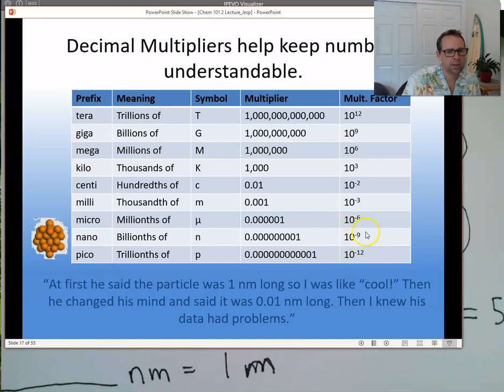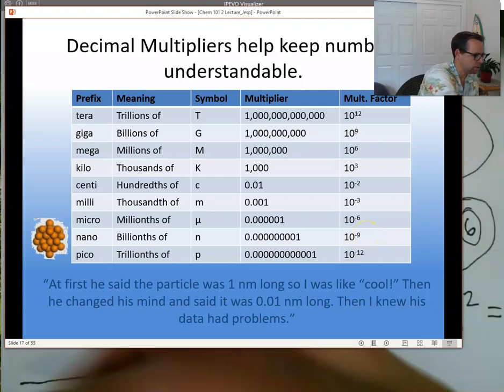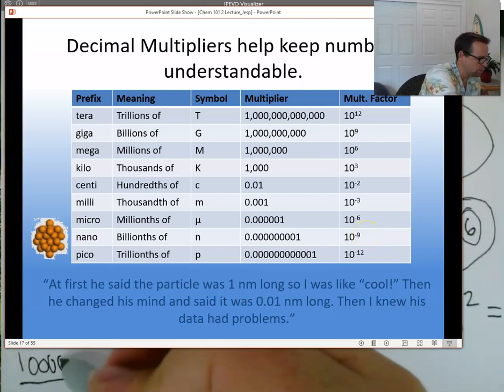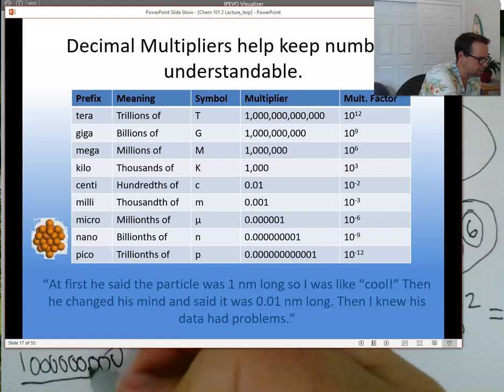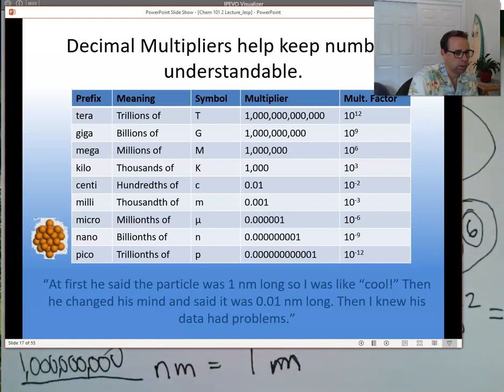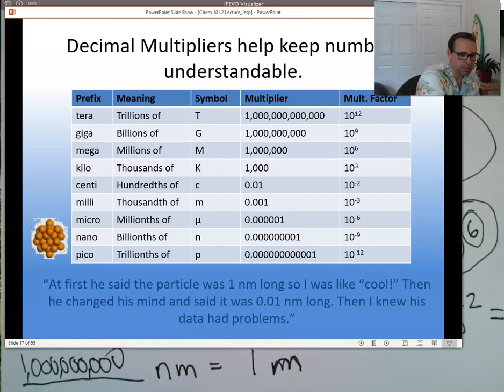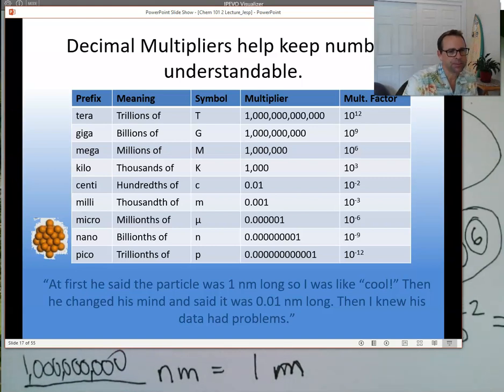What's that say there? 1 billion. That's right. 1 with 9 zeros. 1, 2, 3, 4, 5, 6, 7, 8, 9. Wow, that's a big number. 1 billion nanometers for every meter. Very good.